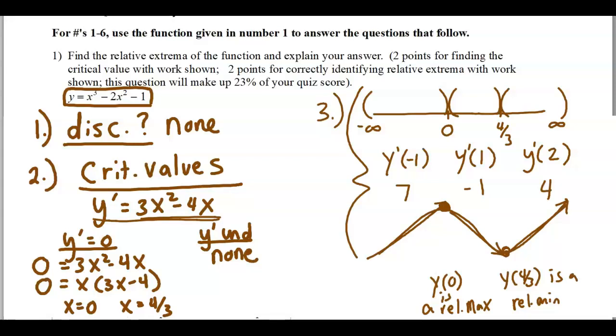An explanation, which we'll see later on in this quiz study guide, is that the reason this is a relative max is because y prime goes from positive to negative at that point. That's how you would say it. But for our quiz, that's probably not a big deal.